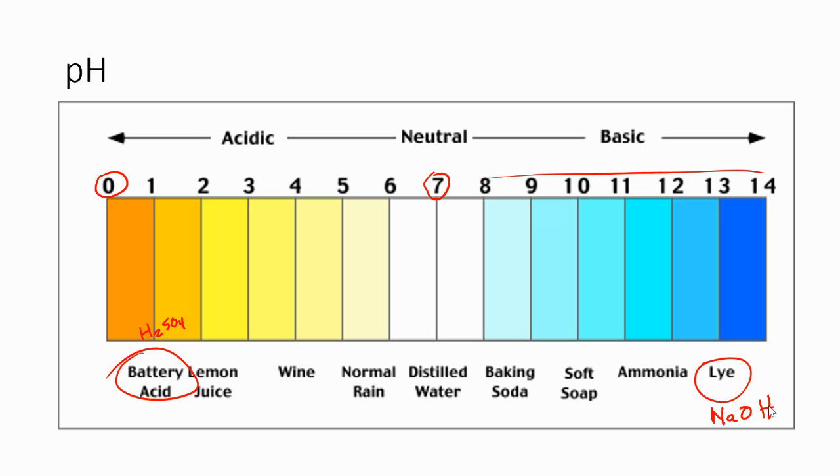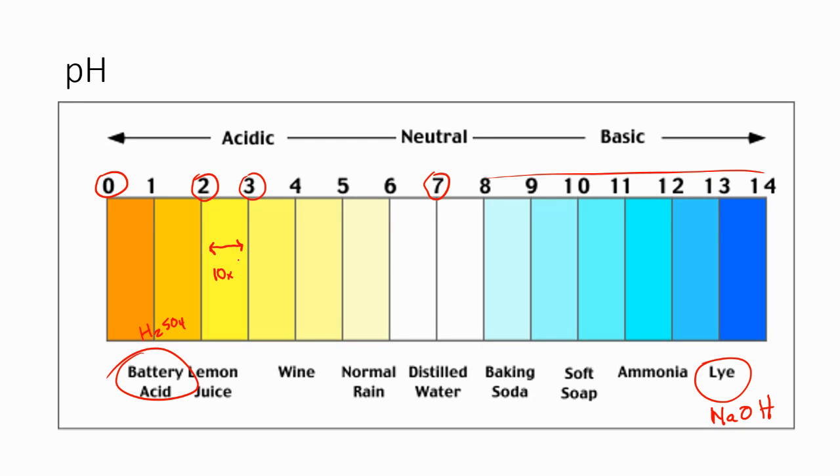The only other thing I want you to know about this scale is that, kind of like earthquakes, there is a huge difference between each point on the scale. So if I look at an acid with a pH of 2 versus an acid that has a pH of 3, they're 1 unit apart on the pH scale, but that's actually a difference of times 10 in acidity.